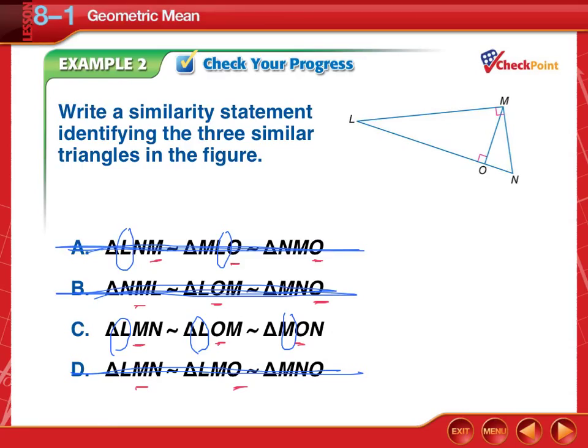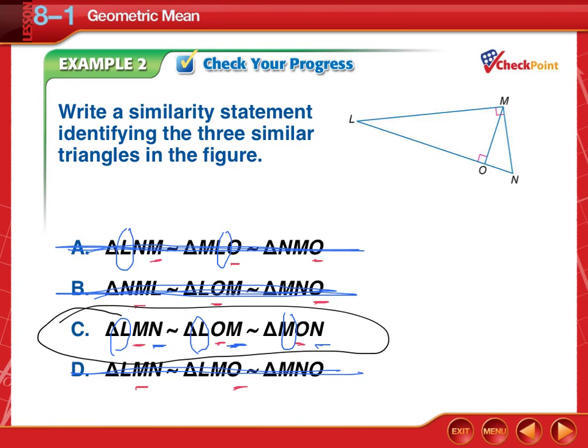N in the large triangle here, N is on the other side of the short side here, and in the medium triangle, M is on the other side of the short. And finally, in the baby, N here is on the other side of the short side. So everything completely lines up perfectly in option C.